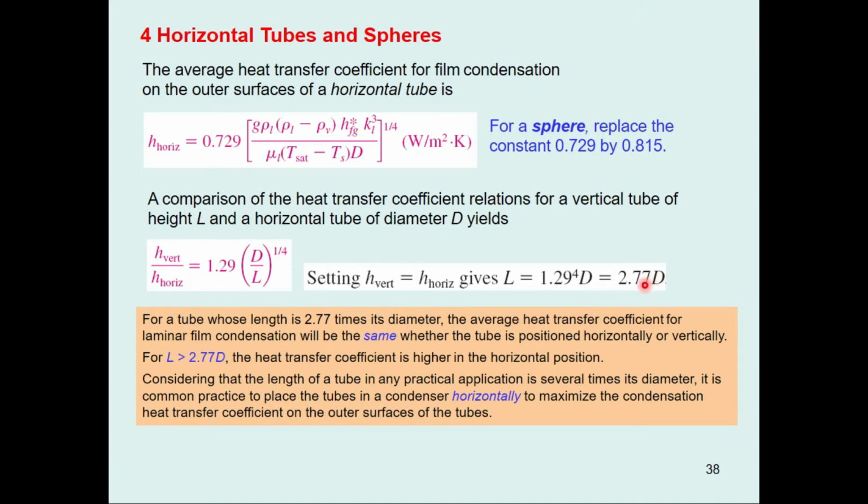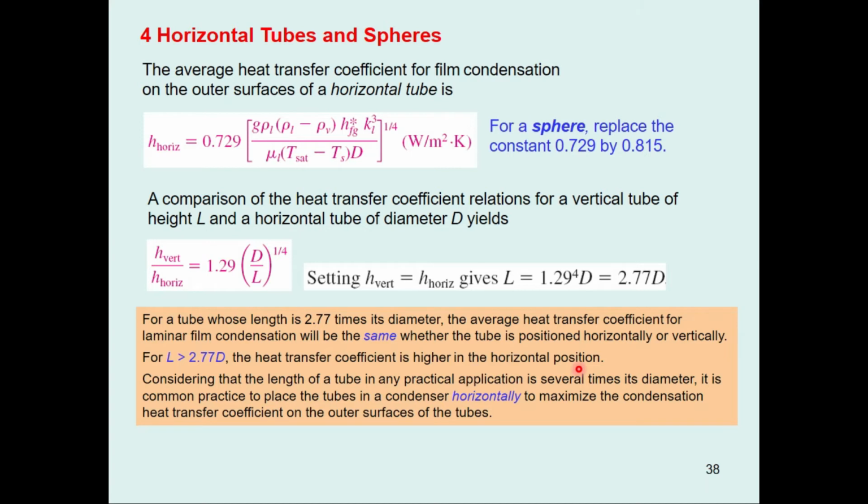Now usually the tubes are very lengthy, so the length should be very high. When the length is greater than 2.77 times the diameter of the horizontal tube, the heat transfer coefficient is higher in the horizontal position.